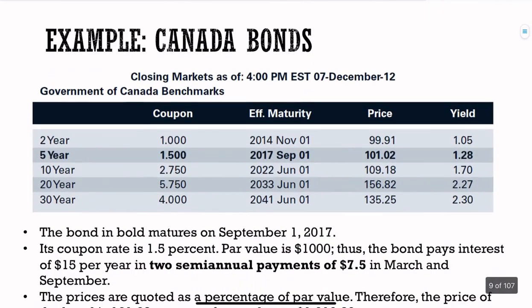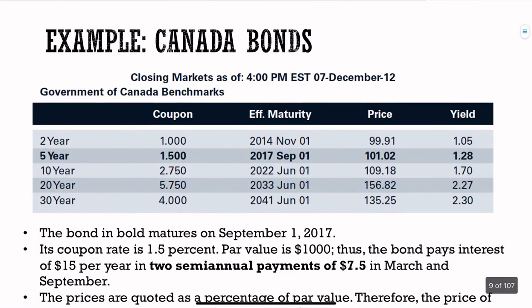Now let's read this table and see what we could learn from these different columns. Let's say we focus on this 5-year bond.